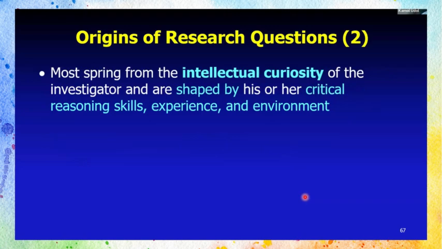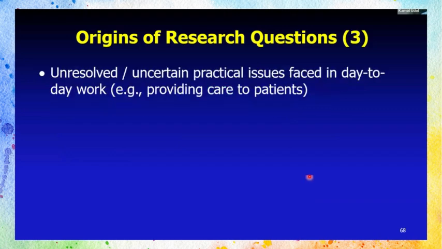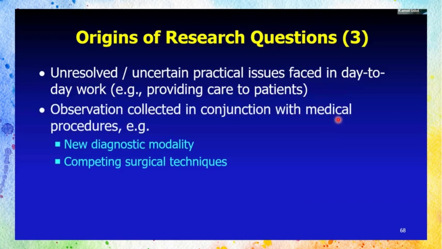This is a concept, but in practice, where can you get your research question? I will give you some examples. Unresolved, uncertain practical issues faced in day-to-day work. In your day-to-day work, you may face some problem repeatedly, and you don't know the answer. That could be the origin of your research question. Your research question might originate from observations collected in conjunction with medical procedures.